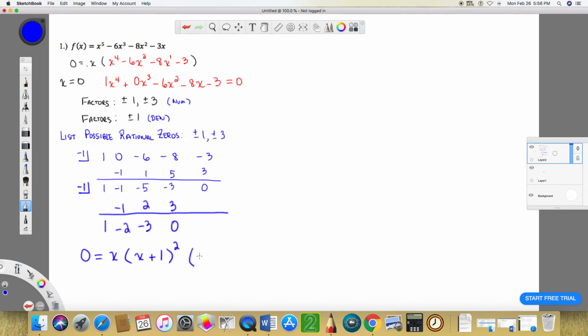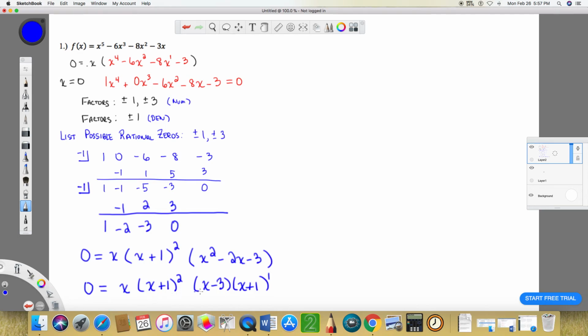Let's look at x squared minus 2x minus 3. So it looks like that can factor. So we could have just kept going in the list and found the remaining factors. So this guy factors to x minus 3 times x plus 1.